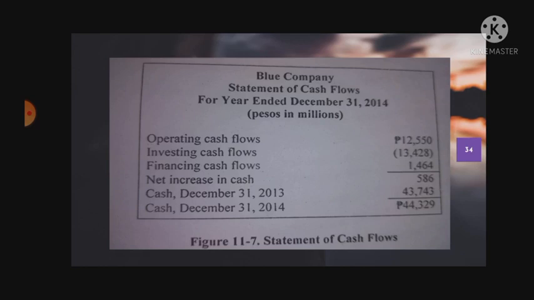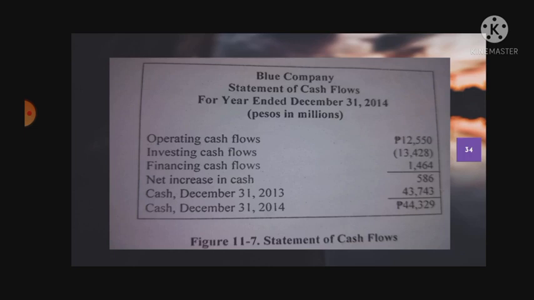Cash receipts from sales of equity or debt instruments of other entities. And cash advances and loans to other parties other than advances and loans made by financial institutions.